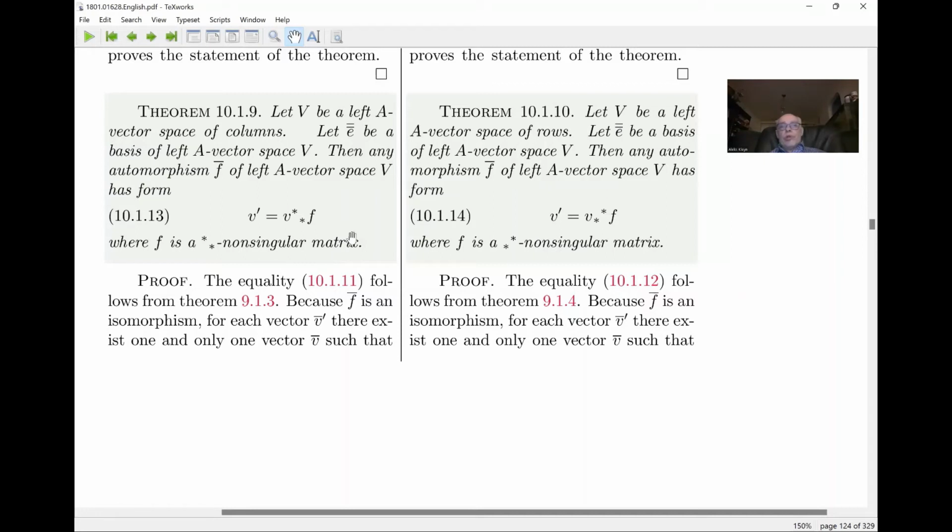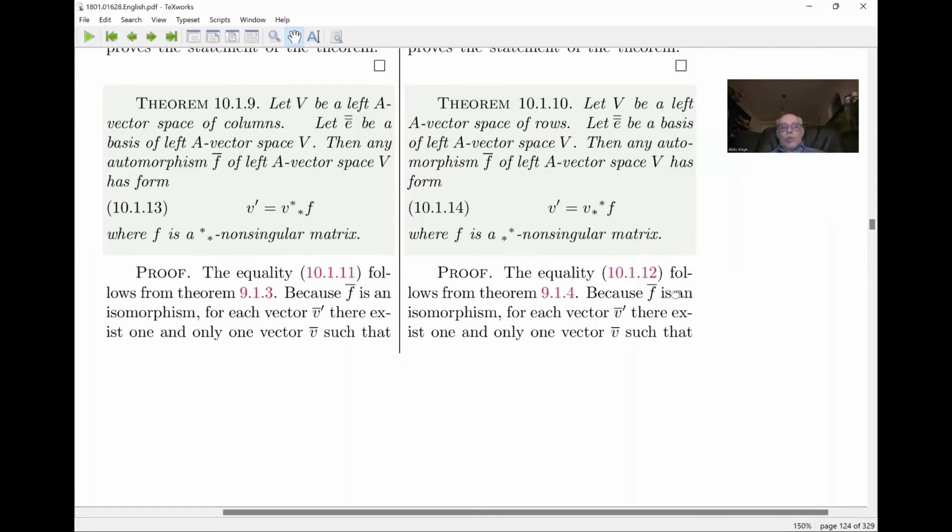A similar statement is also true for a left A vector space of rows, and any automorphism F of the left A vector space V has form 1.14, where F is an RC non-singular matrix. Both theorems follow from the theory of systems of linear equations over a non-commutative algebra.